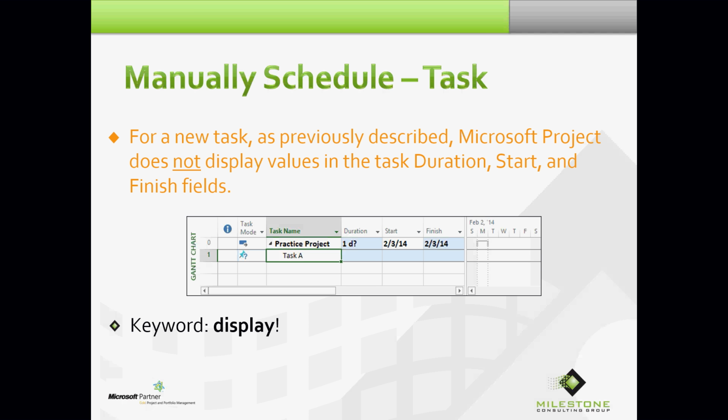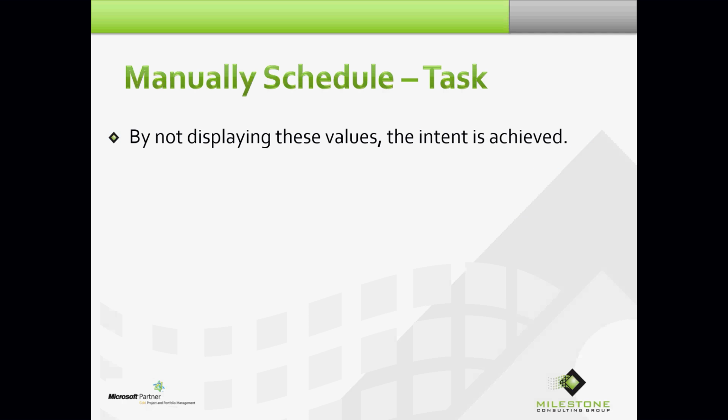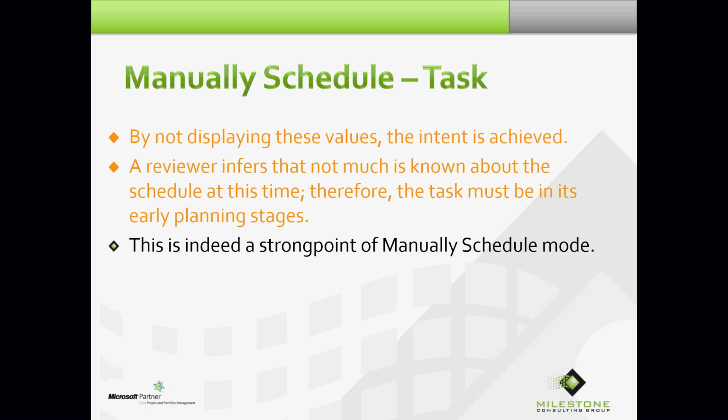So there's part of the value of manually scheduled mode, not displaying information by default, at least as I've entered task A. Okay, and I would say, yep, that's a strong point of manually scheduled mode. I'm not doing top-down planning in that example, but I'll give it this one.